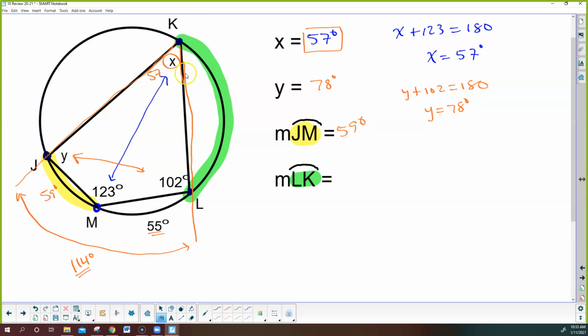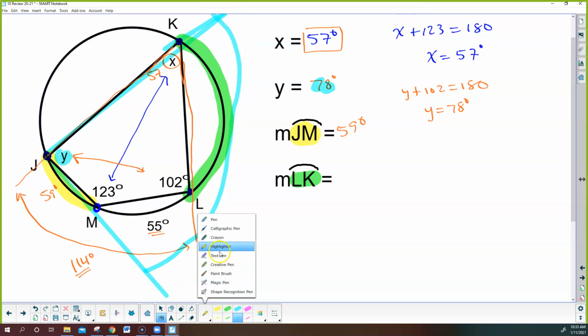All right, and then we have to do the same logic here. But what I'm going to do is use the angle Y. So we know what Y is. Y is 78 degrees, and that's an inscribed angle. So if I extend Y all the way out, pretend that's a straight line, and I extend this length all the way out, we know the arc between those two is double the value of Y. See what I mean by creating a mess?